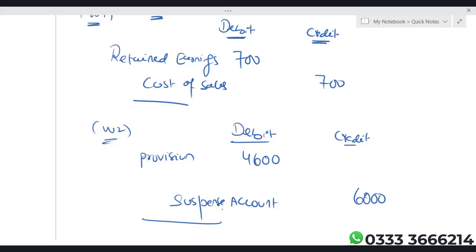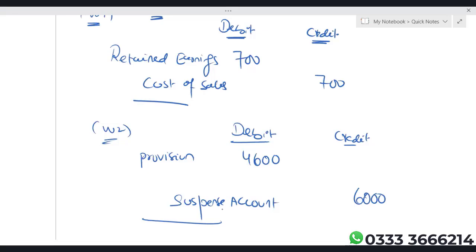Already they have recorded the provision of 4,600, which you can see in the trial balance. But on the actual settlement of this court case, the company paid 6 million rather than 4.6 million. So the 4.6 million provision is debit. The suspense account they have debited, so we have credited.